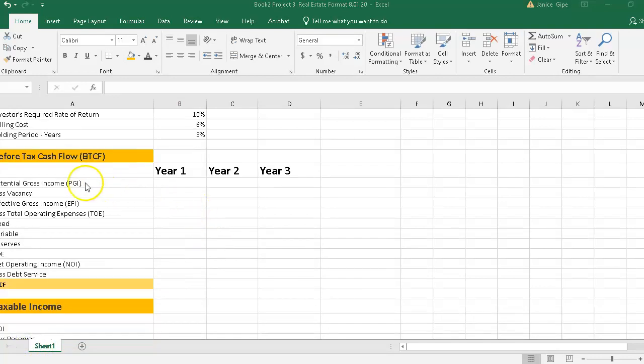Now we're going to look at potential gross income to get our total before tax cash flow.